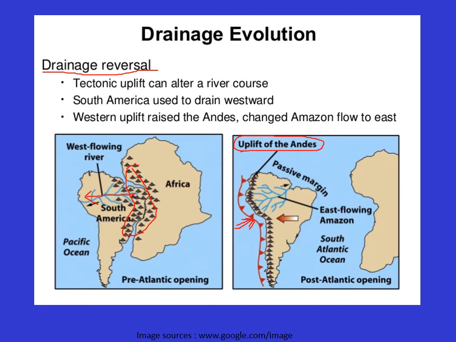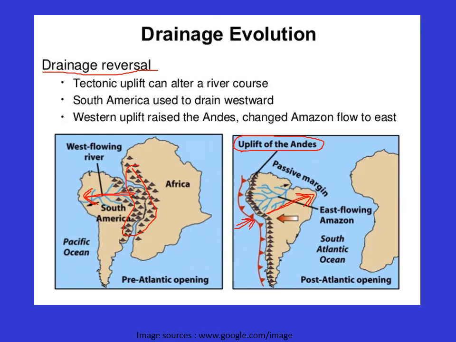So all the rivers previously flowing from east to west have to change their course due to the upliftment of the Andes range, because the overall slope of the South American landmass is now from west to east. Thereby rivers change their direction and flow in the opposite direction, that is, from west to east. So previously, when the African landmass and South American landmass were together, the general slope of the landmass was from east to west, and all the rivers flowed from east to west.